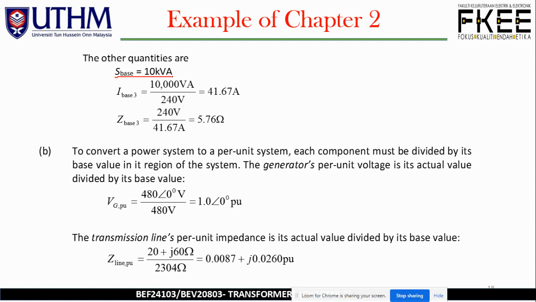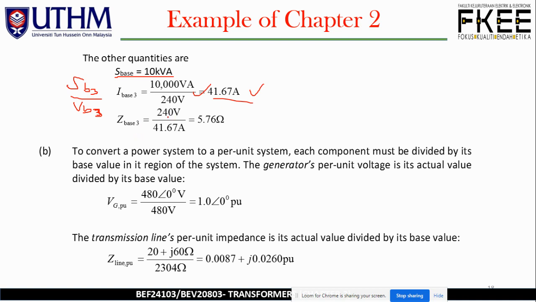So now, unchanged value of S base, stick to again 10 kVA, and for I base 3 we have S base 3 over V base 3. Substitute the values, giving I base 3 equal to 41.67 ampere.